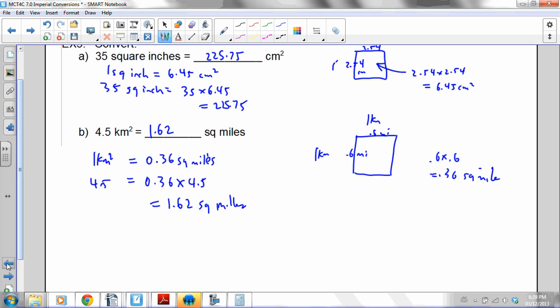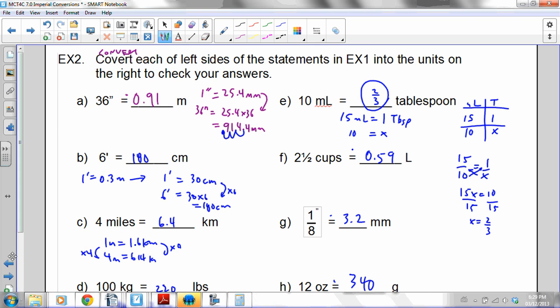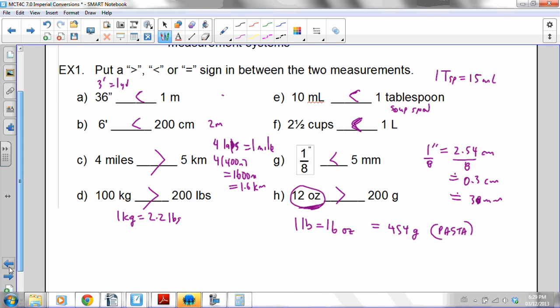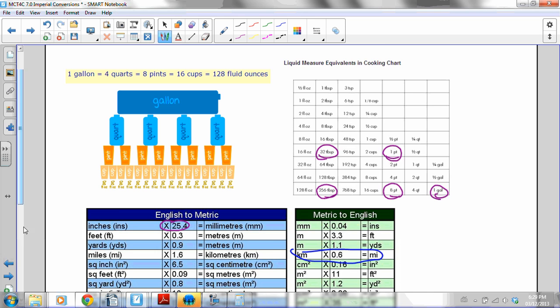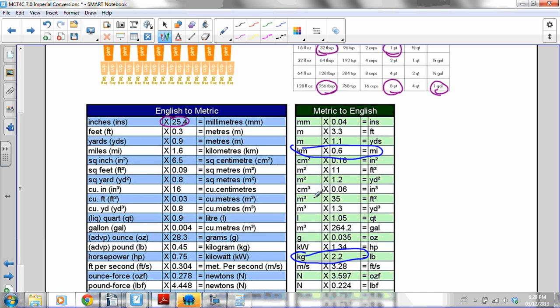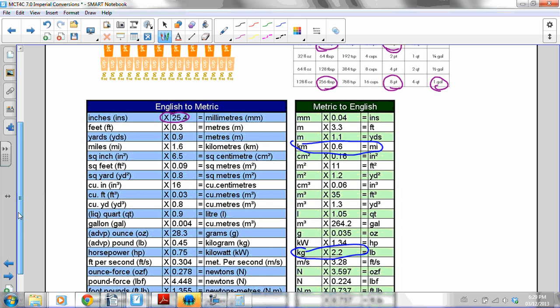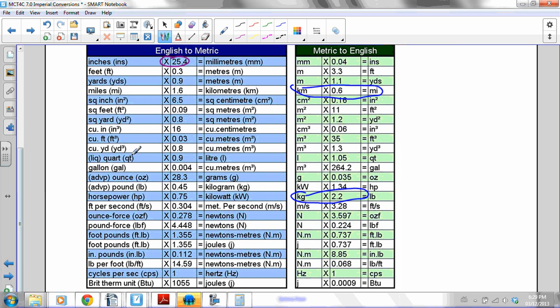Say, well, okay, why didn't you just look up on your conversion table there? Where's your conversion table here? Because look, there's a square. Where's a square mile? Well, maybe we don't have a square mile in here.